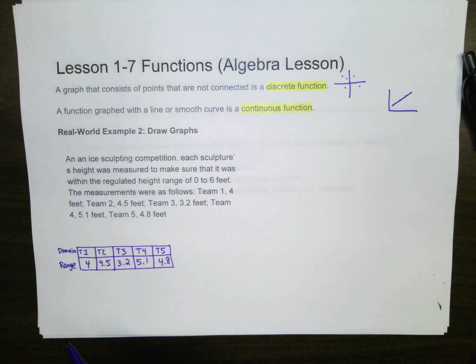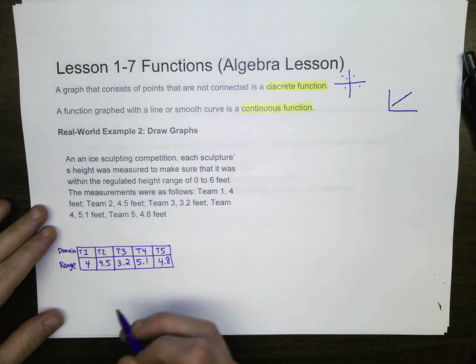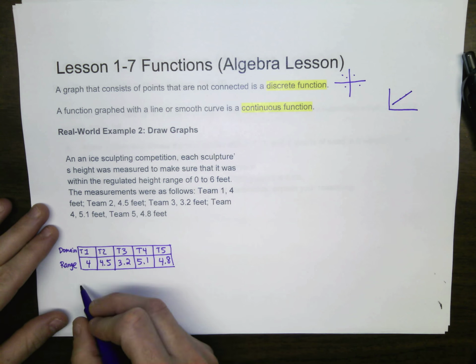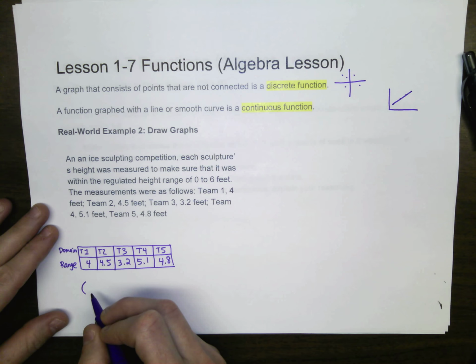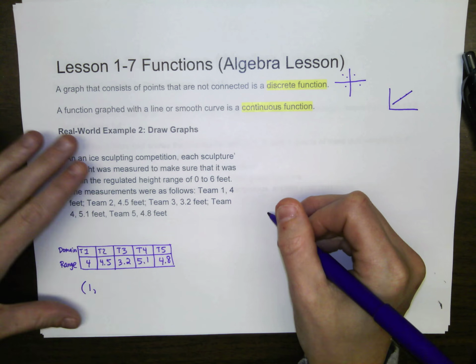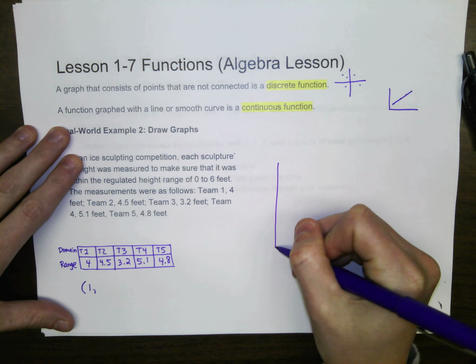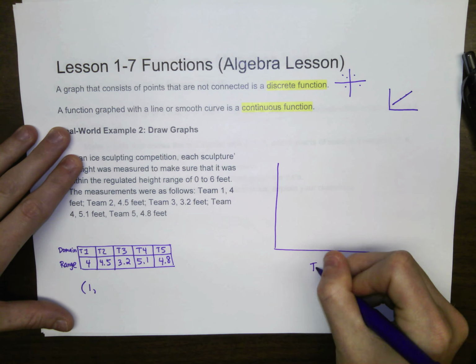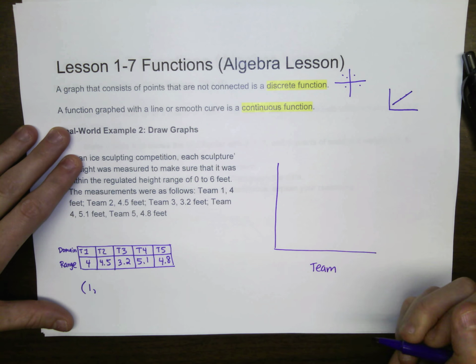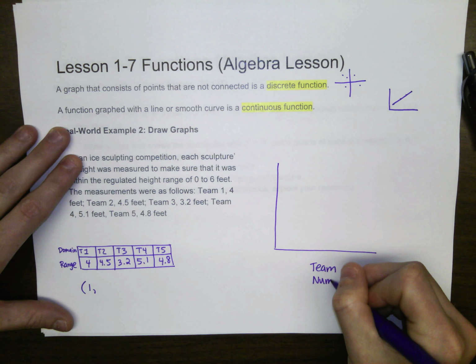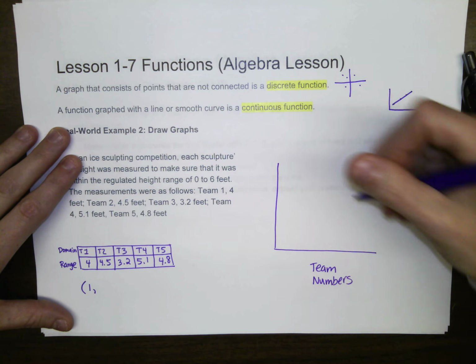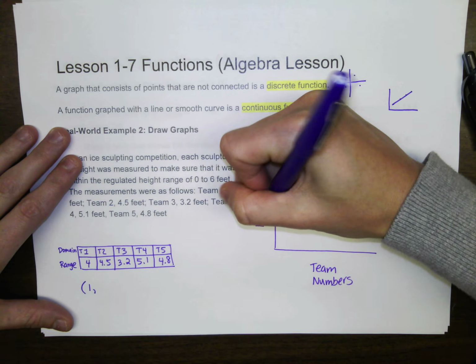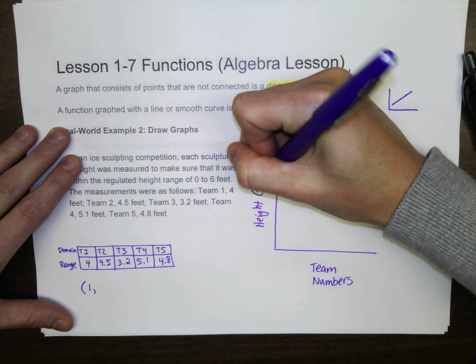So the first step is to make that table. Then we can go ahead and write it as a set of ordered pairs. If we were to graph this, we'd want them in ordered pairs. If we imagine our graph, it's going to have the team number down here and our height in feet here.